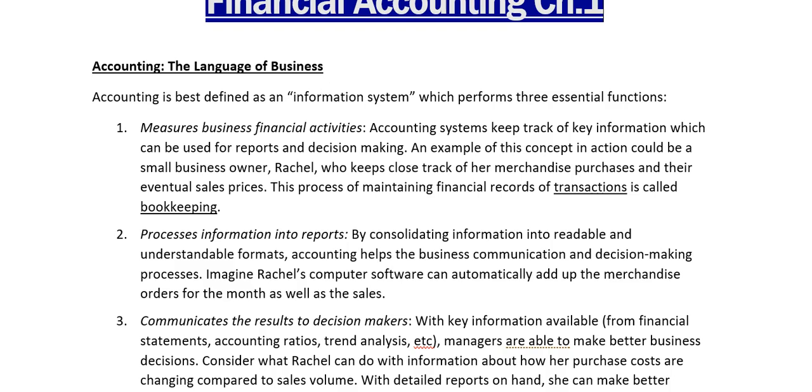So this is how typically the accounting world works now. When you buy something, the system itself monitors what you bought, and at the end of the day, someone like Rachel can request a report. So the computer can print out a nice report which tells her what her sales are and some other important information.